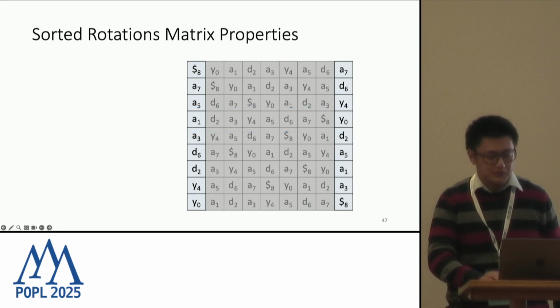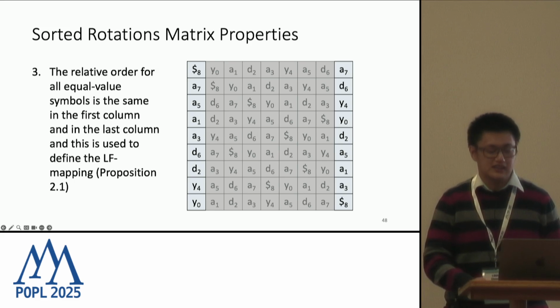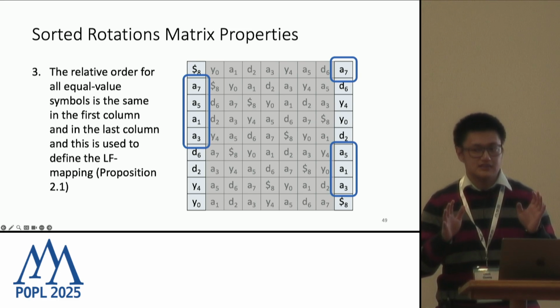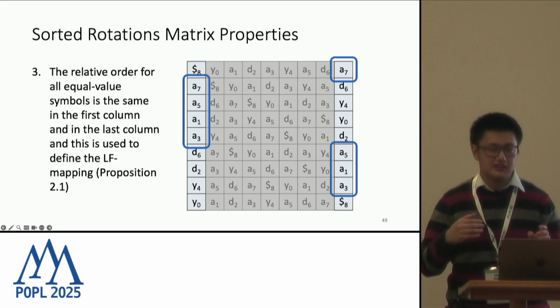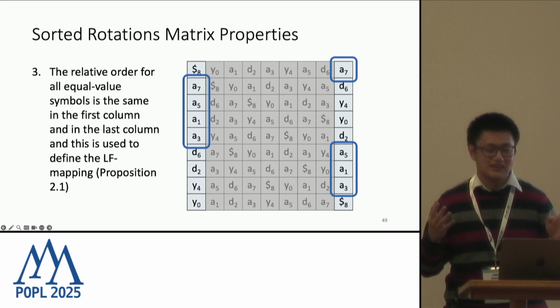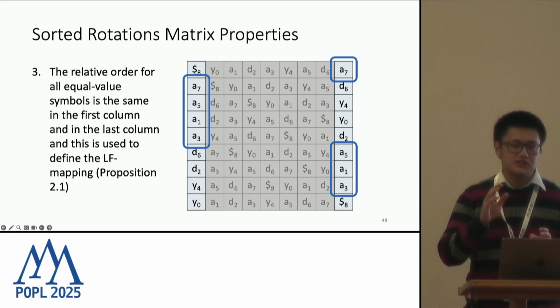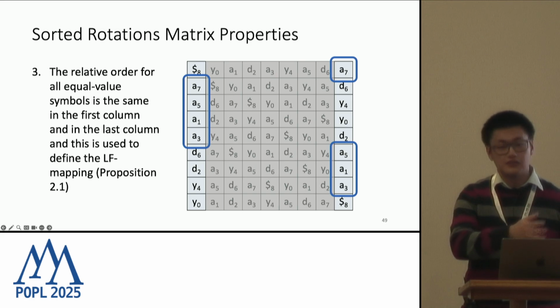And the final property is that the relative order of equal value symbols is the same in the first column and the last column. So for example, if we just consider all the A's, what you can see is that we have this ordering A7, A5, A1, A3 in both the first and last column. Now, the interesting thing about this is that if we know the position of where one of these is in the last column, we can easily obtain its position in the first column.